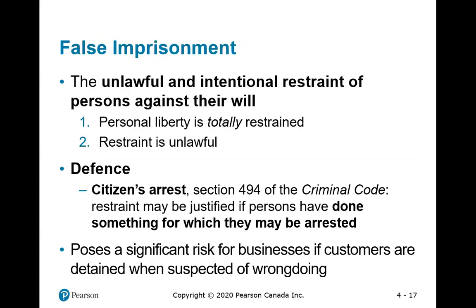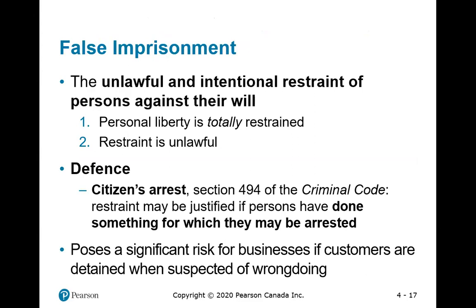Okay, now false imprisonment. Well, false imprisonment is when we are restrained, physically speaking, without our will.